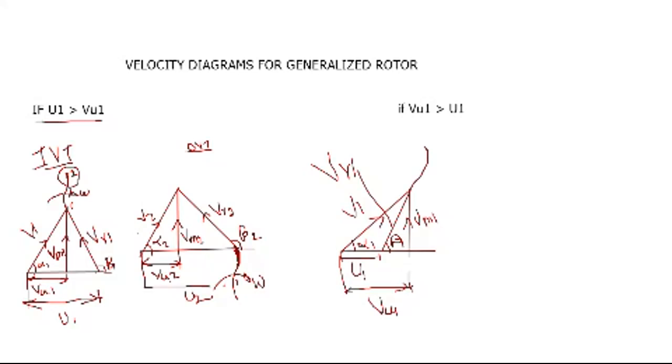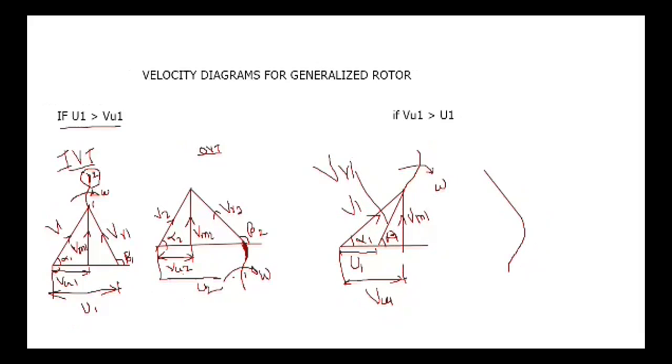Okay, the blades I'm showing this. Then this will be the V2. This is the VR2. Okay, if this is the rotation, okay, that is the rotation. Then we should show like this.